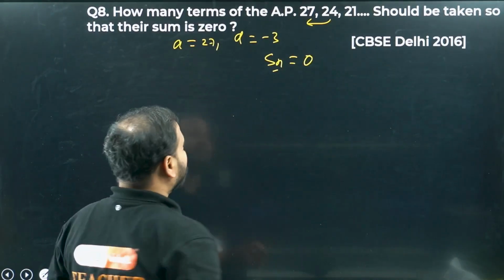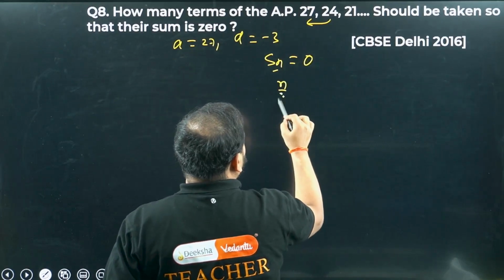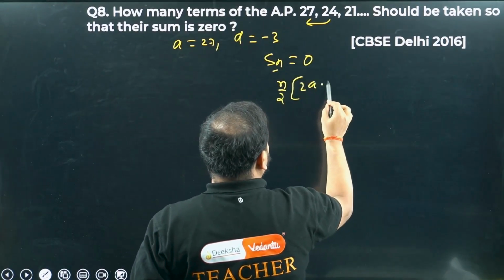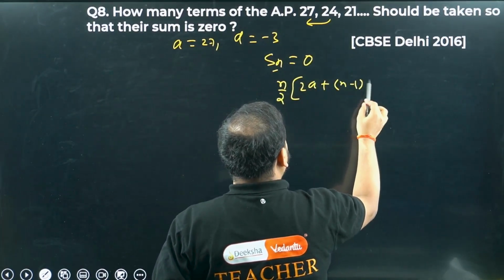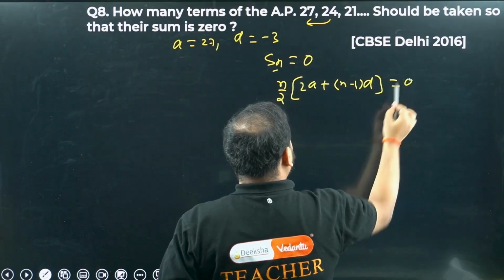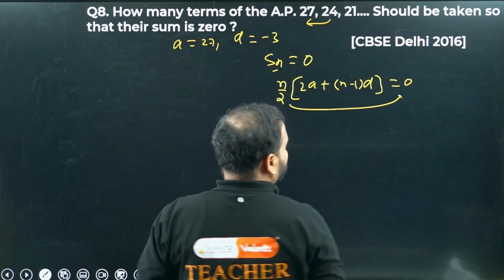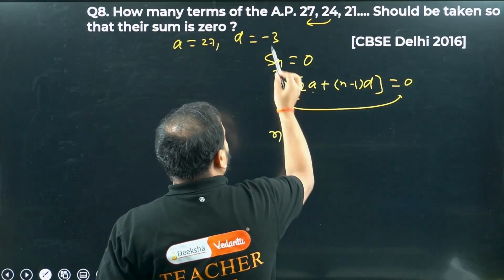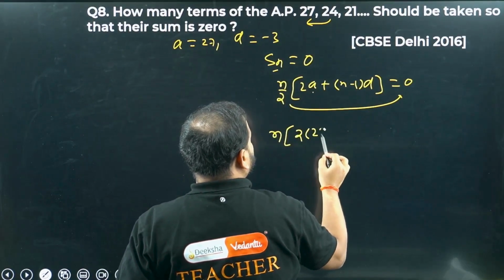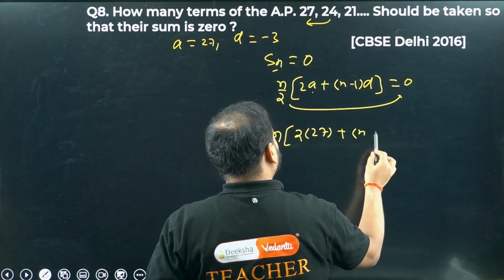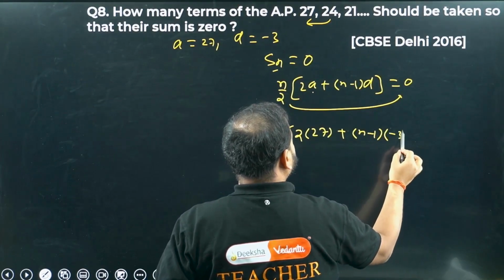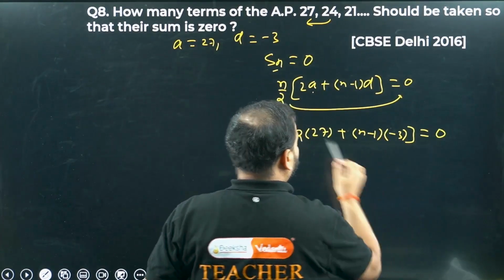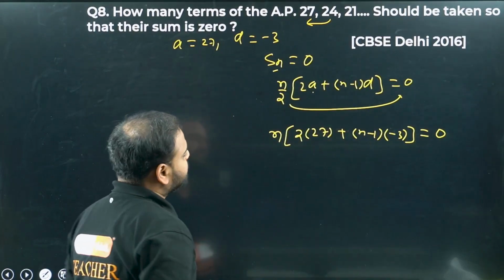We don't know n, right? So write Sn as n by 2 times (2a plus (n minus 1) times d) equals 0. Bring this 2 on this side. It's going to become 2 into 0, so 0 only. So I get n times (2 into 27 plus (n minus 1) times d, which is minus 3) equals 0.